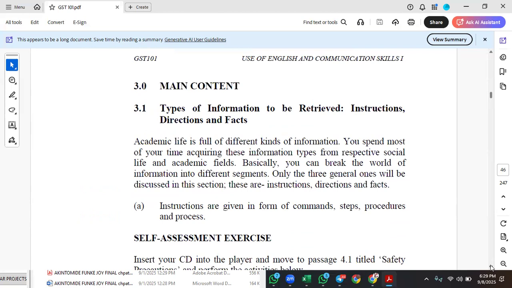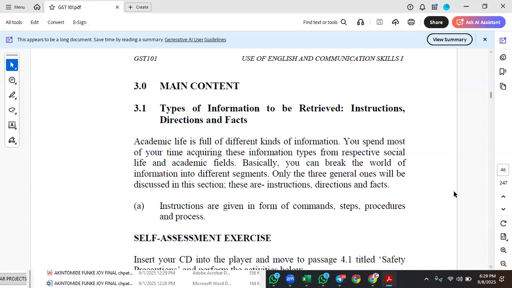Now, academic life is full of different kinds of information. You must spend most of your time acquiring these information types from respective social life and academic fields. Basically, you can break the world of information into different segments. Only the three general ones will be discussed in this section: instructions, directions, and facts.